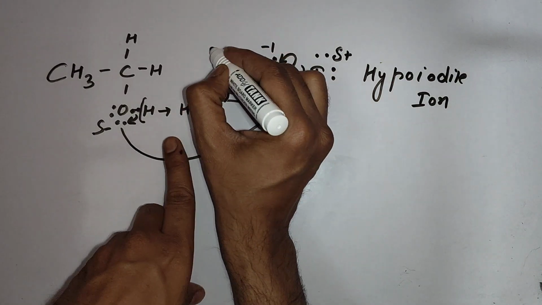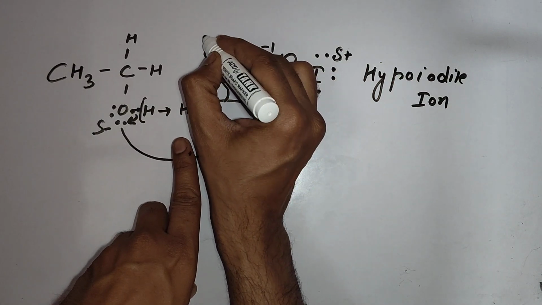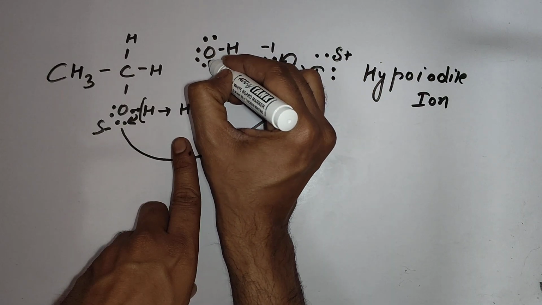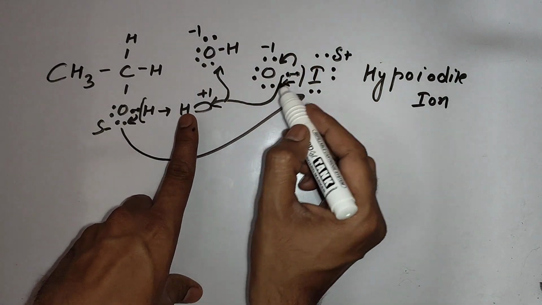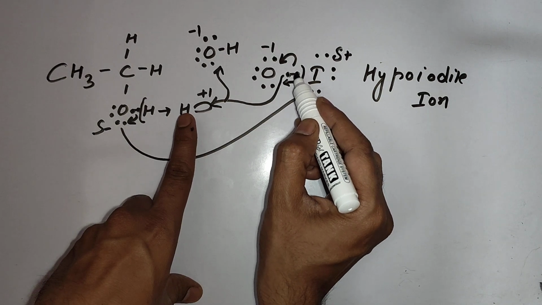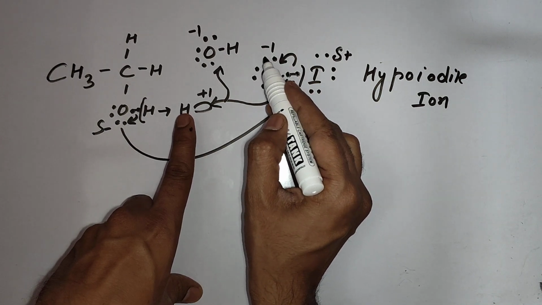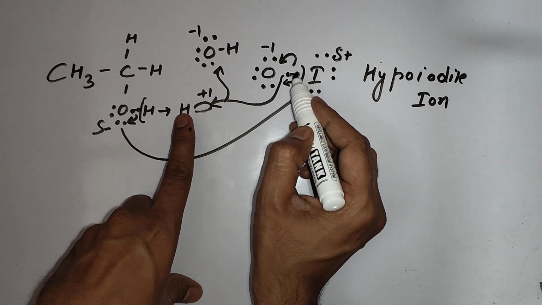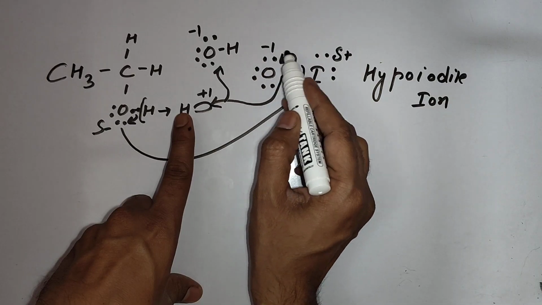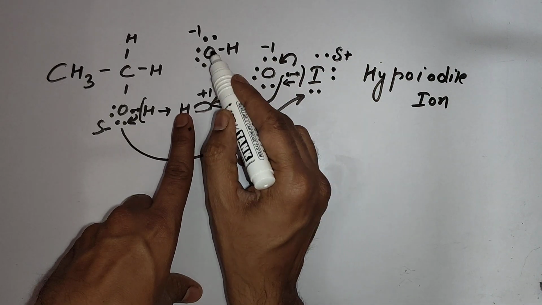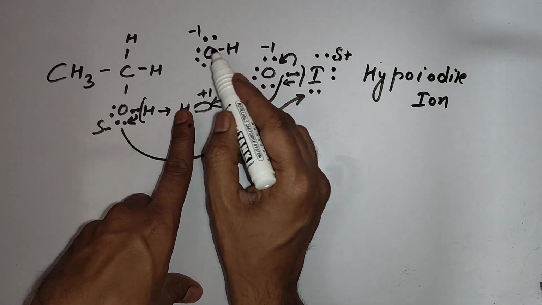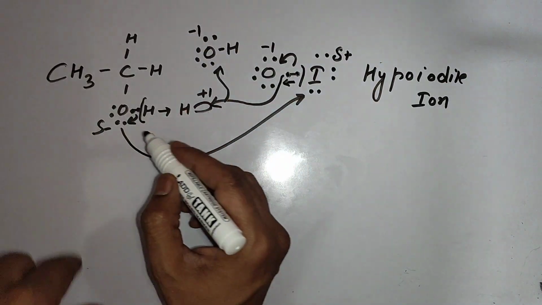So what will be generated? This will be generated. The positive charge of hydrogen will finish because it got the extra electron of iodine, and this oxygen is as it is because it got an extra electron from iodine, due to which it will become -2, but at the same time it has delivered that electron to hydrogen, so it is OH negative as it is. Oxygen has a -1 charge.